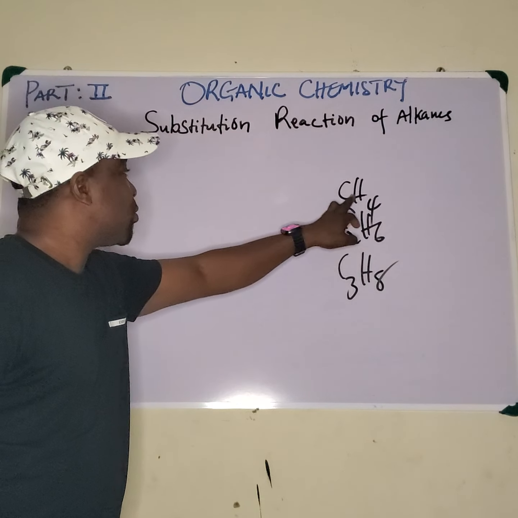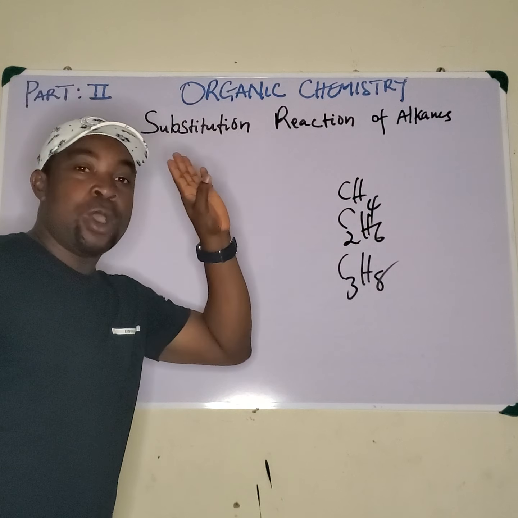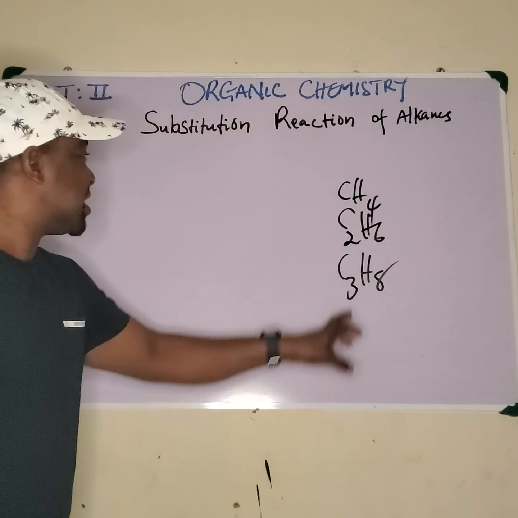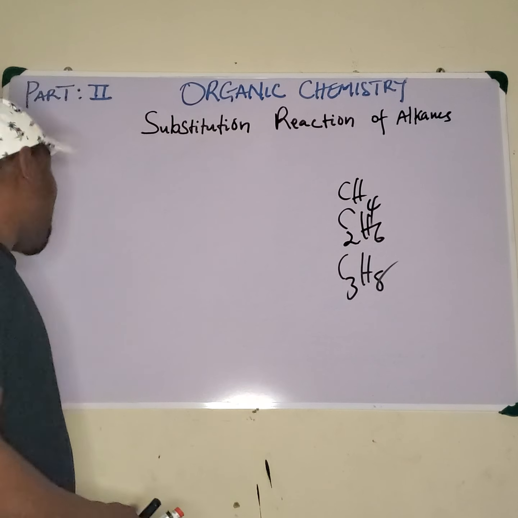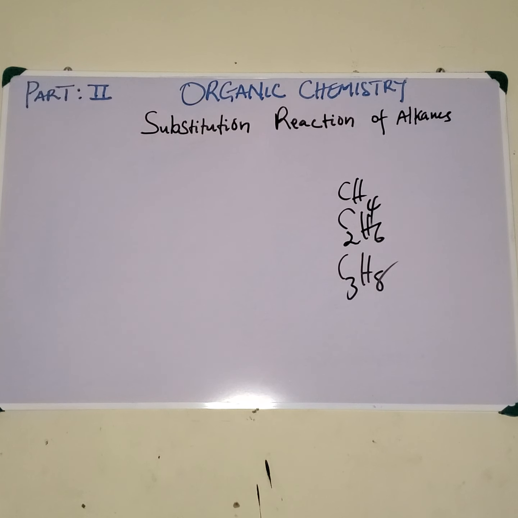So if I bring out the combustion of CH4 plus oxygen, it means the same thing will happen to this and to this. But I'm not interested in the combustion of alkanes.